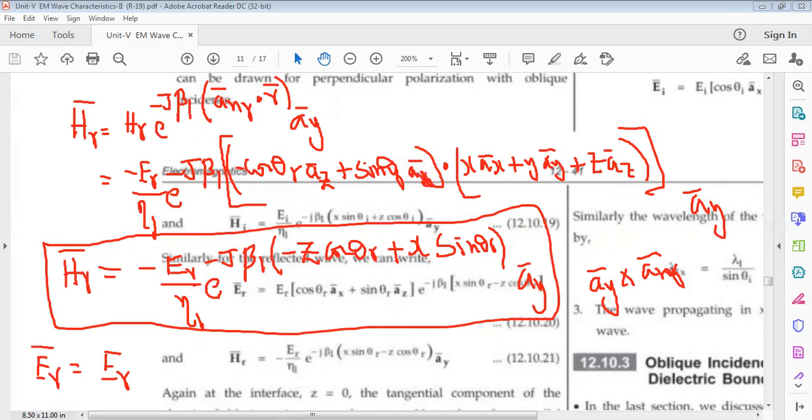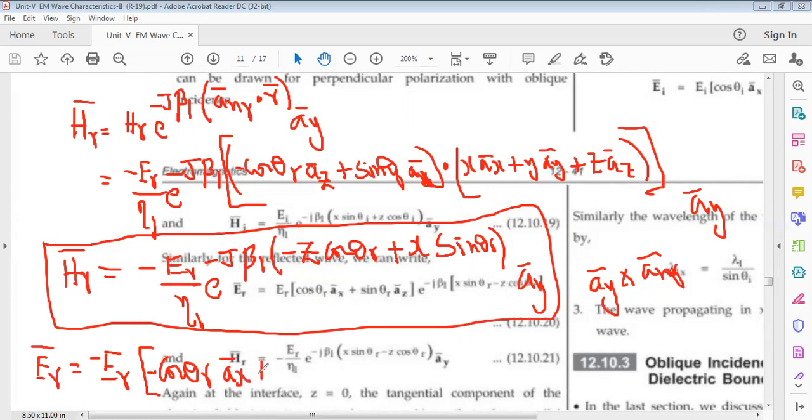So I am applying the cross product with a_y and a_z. It's the same. So E_r multiplied with cos theta r, and already the minus is there, with this minus term, minus cos theta r into a_y with a_z, not a_z with a_y. a_y with a_z means a_x bar.